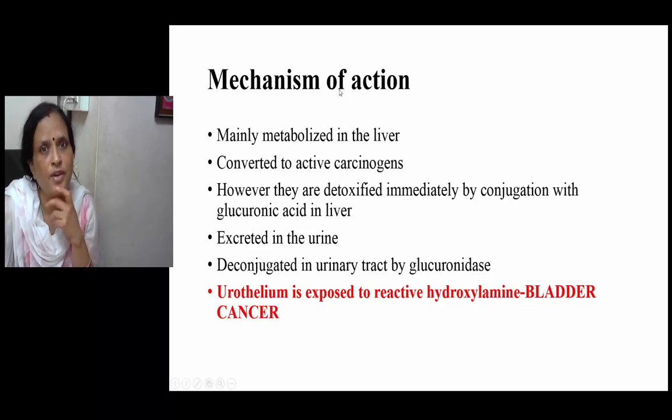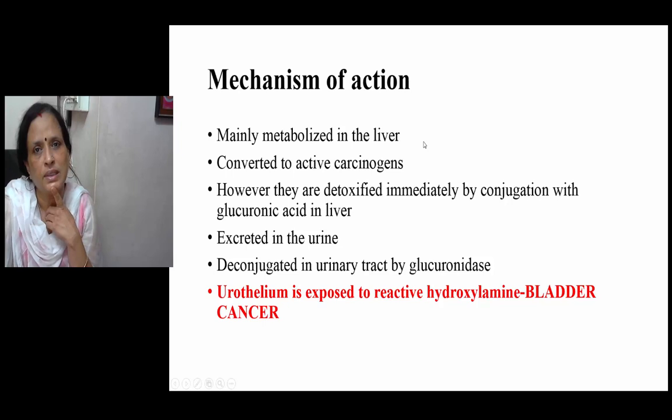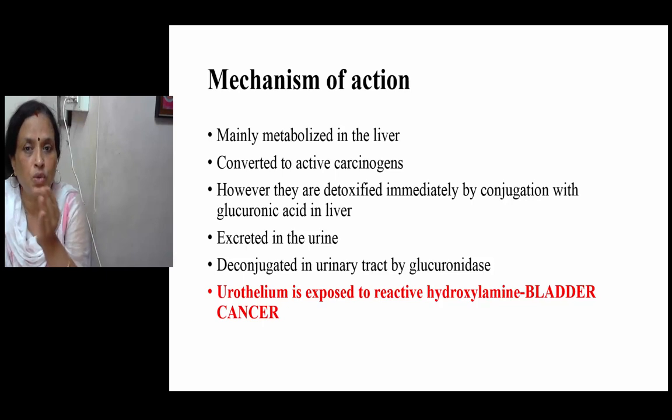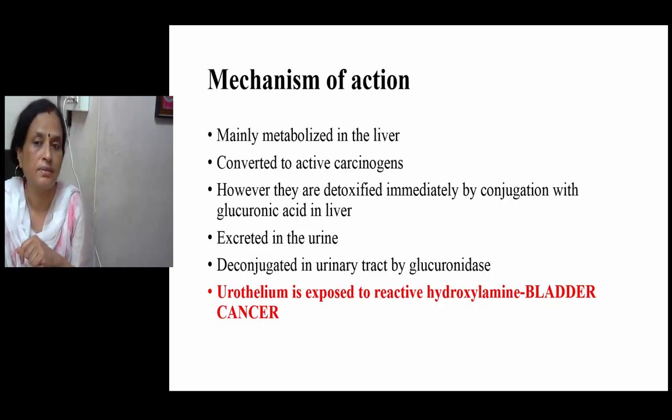So what is the mechanism of action then? All these dyes, especially the naphthylamine and all which we discussed, are mainly metabolized in the liver. So what happens in the liver with aniline dyes and all that, naphthylamine? They are converted into active carcinogens there.